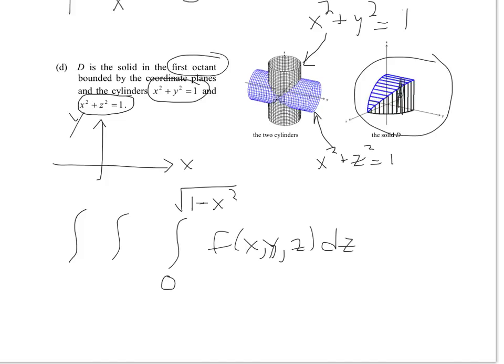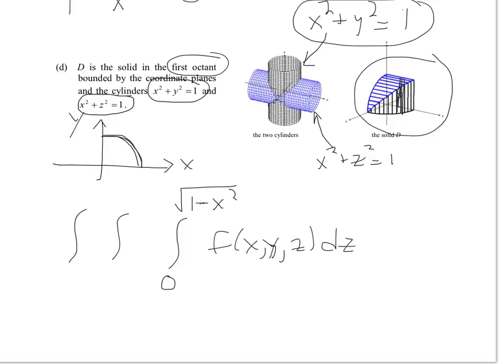I think you can convince yourself that because the cylinder x squared plus y squared equals 1 looks like a circle when we view it from high above, standing high up on the z-axis and looking down, the shadow that this solid makes in the xy plane looks like a quarter circle.